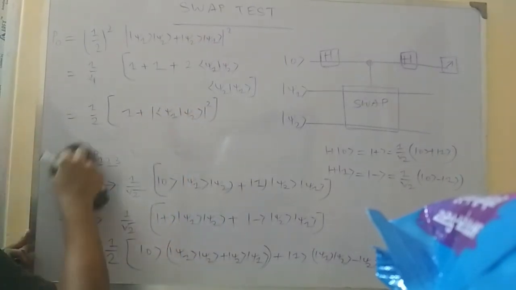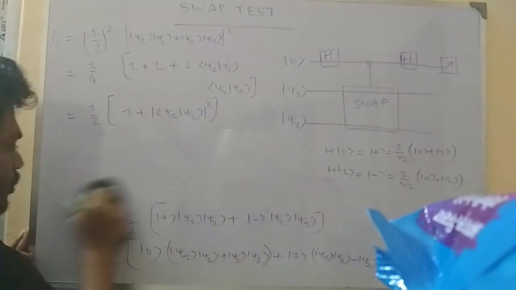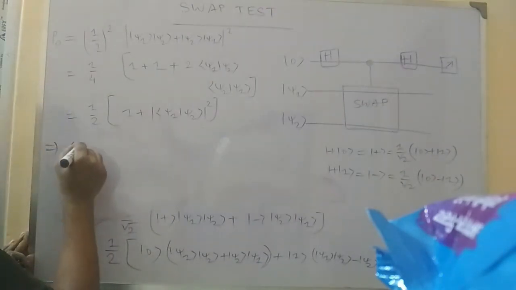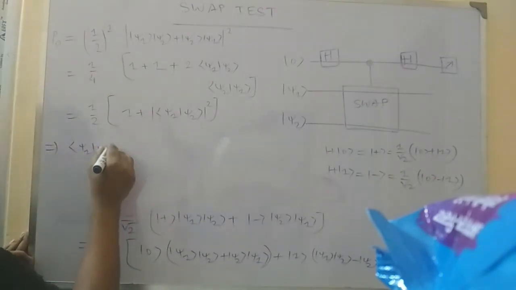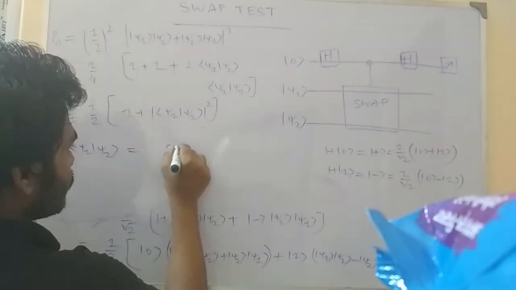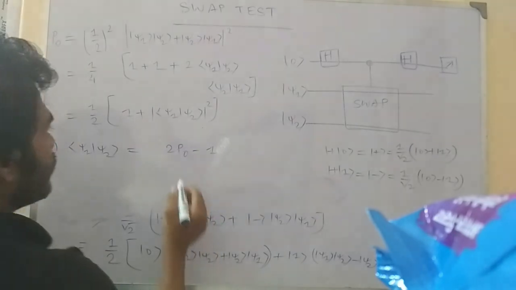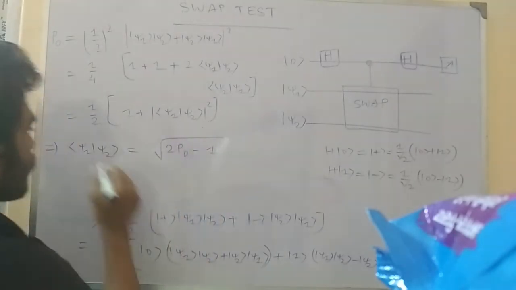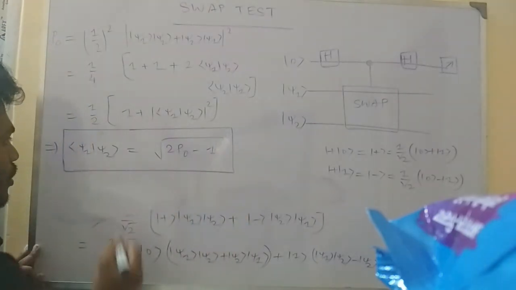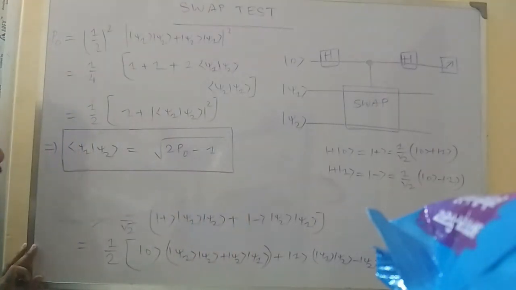Now we can calculate the psi 1 psi 2 inner product, which will be the square root of 2 times P0 minus 1. So this is the formula for calculating the inner product between psi 1 and psi 2.